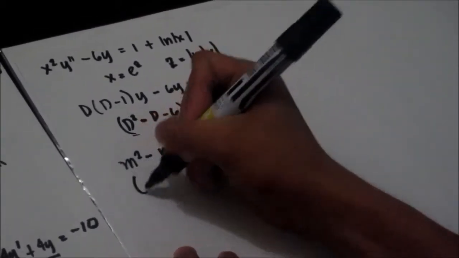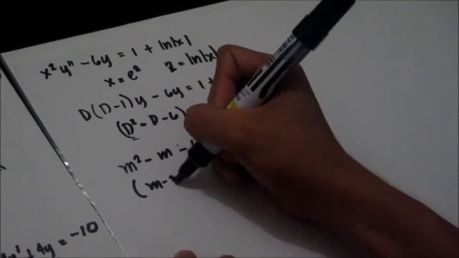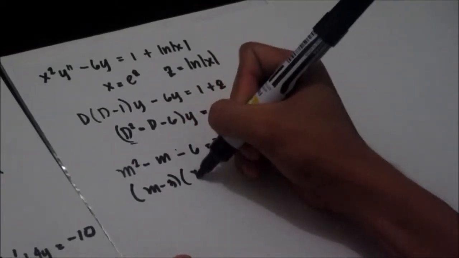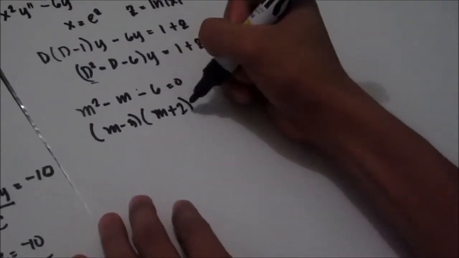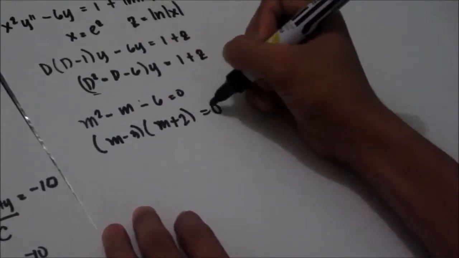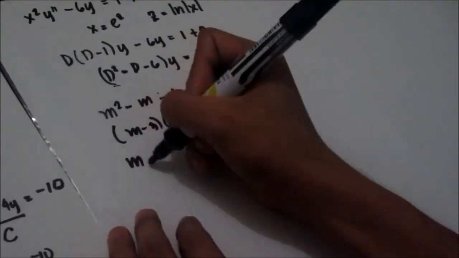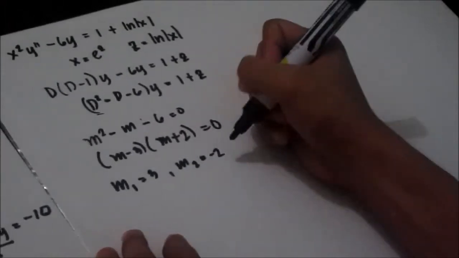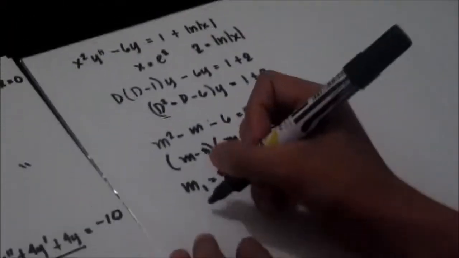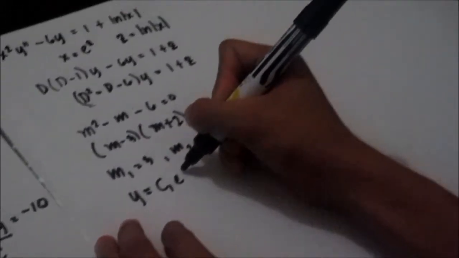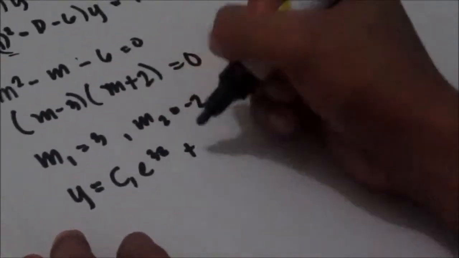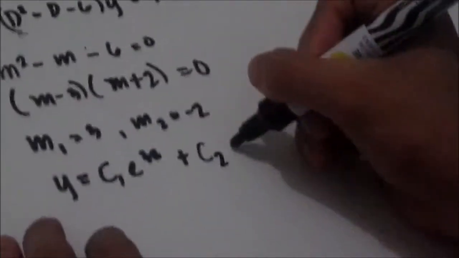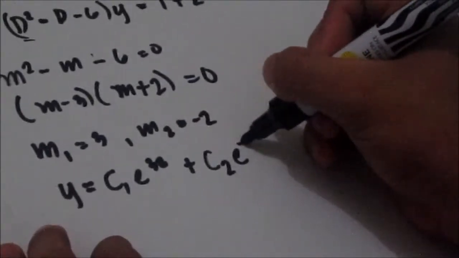By factoring, we will get m minus 3 times m plus 2 equals 0. Thus, we have the roots m1 is 3 and m2 is negative 2. Thus, we will have a complementary function c1 e to the 3z plus c2 e to the negative 2z.